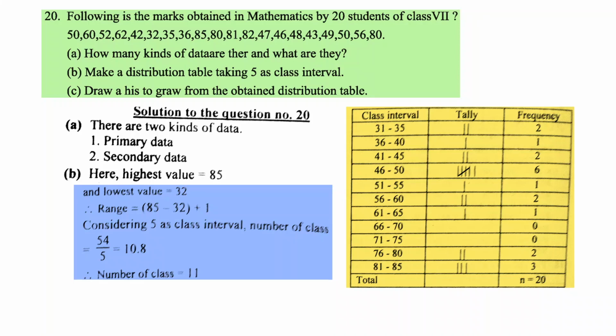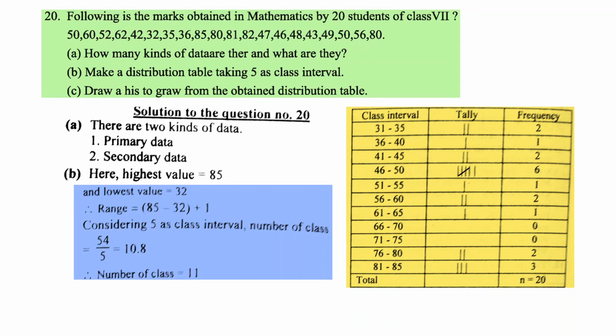As you like, you can make class intervals in your own way. But here class interval is starting from 31 to 35, then 36 to 40. In such a way, lastly 76 to 80 and 81 to 85.